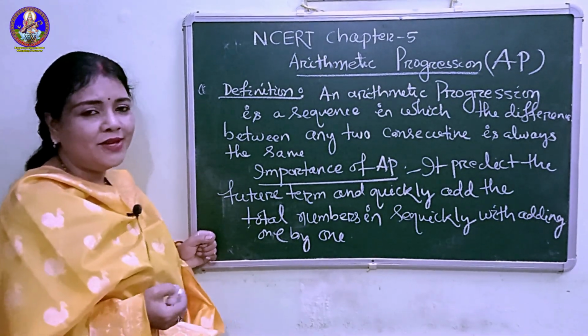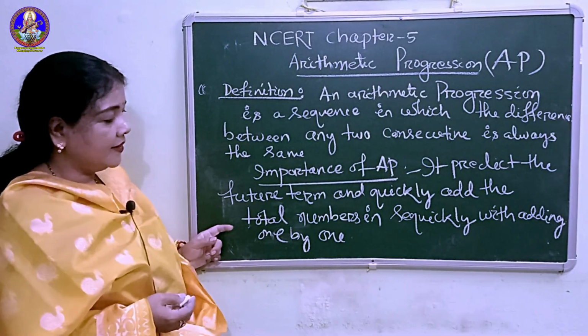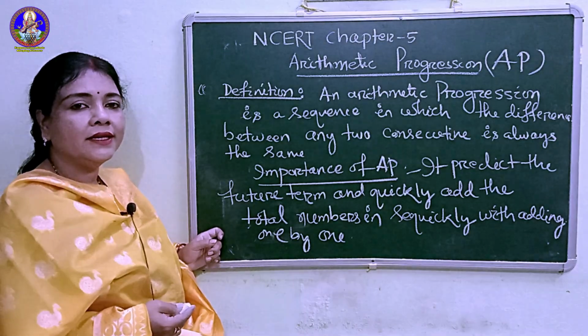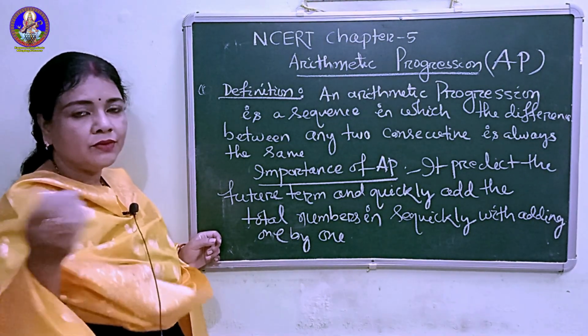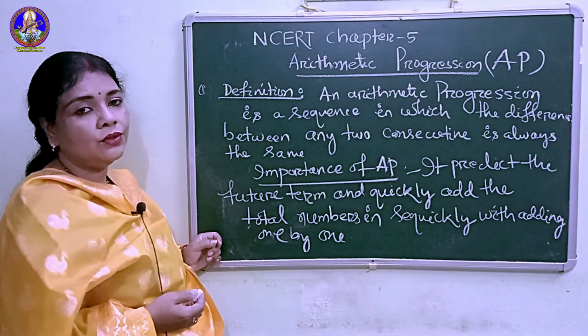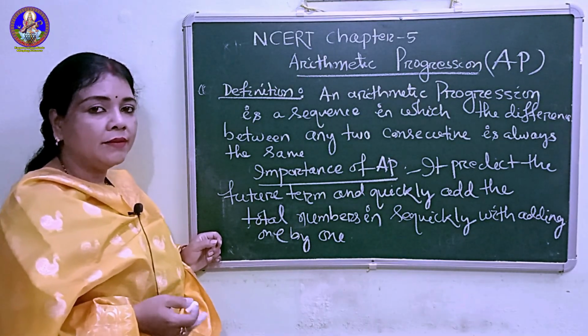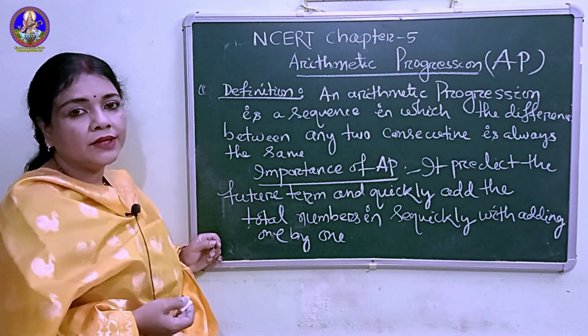Why are we using AP? What is the importance of AP? The importance of AP is that we can predict future terms. For example, if a sequence is given and you have to find the whole sum, then instead of adding one by one, by applying the AP formula we can add very quickly.